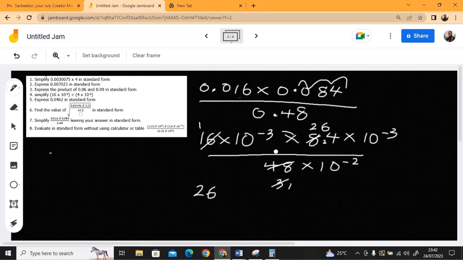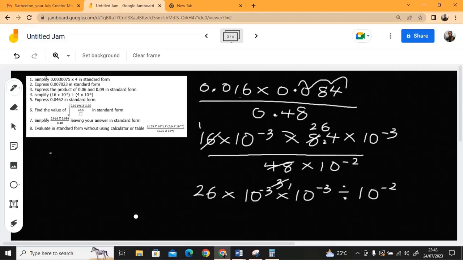Then let's deal with the base 10 number. So we have 10 raised to the power minus 3 times this one also, 10 raised to the power minus 3. Now this is over, meaning division, divided by 10 raised to the power minus 2.